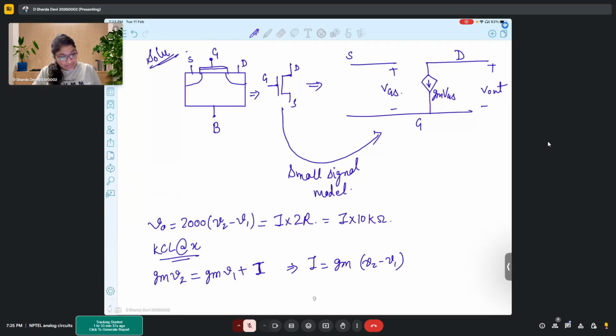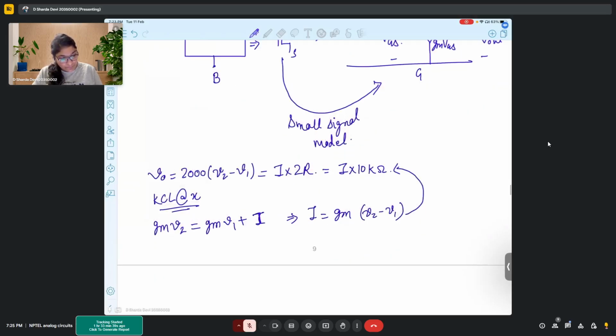Now if I substitute this I over here, I'll get gm (V2 minus V1) into 10K equal to 2000 (V2 minus V1). Correct?